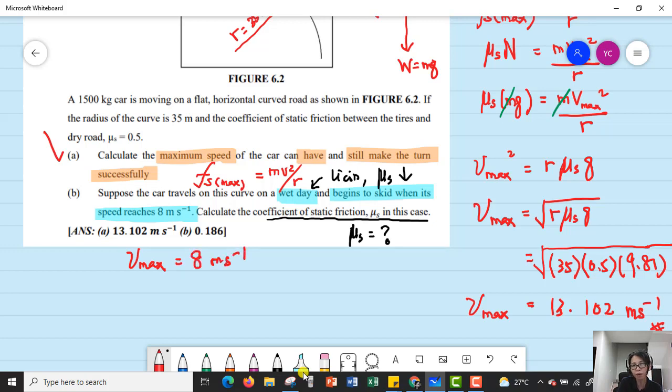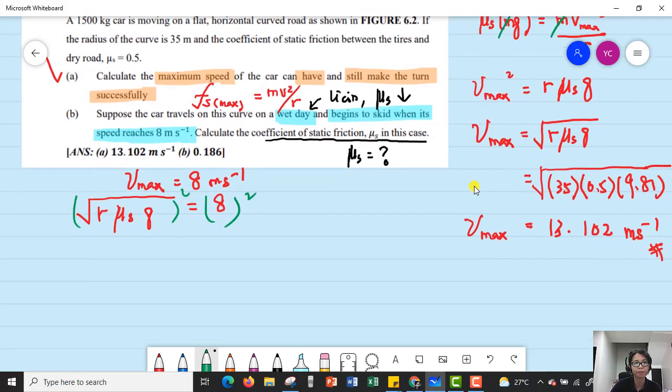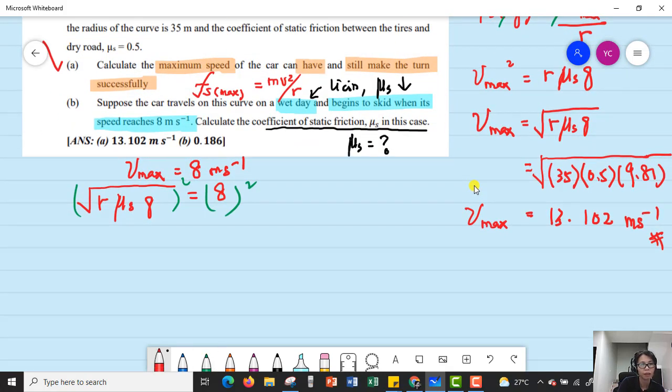Just now from question A, we already related the Vmax with R, mu s and g. So we take back the formula: Vmax is the square root of R mu s g, which equals 8. To remove the square root, we square both sides. So 8 squared is 64, equals R mu s g.